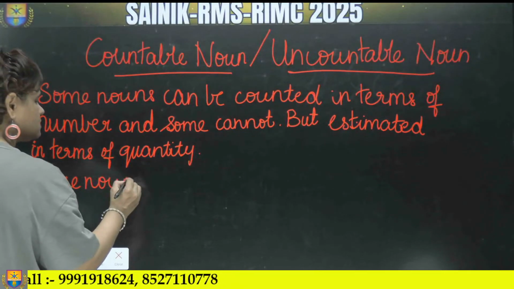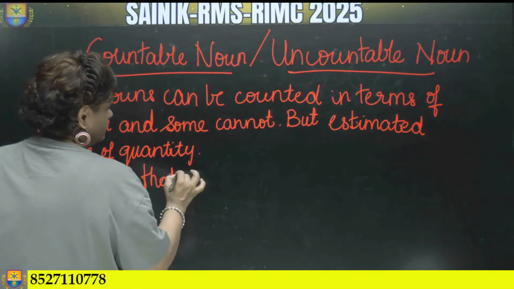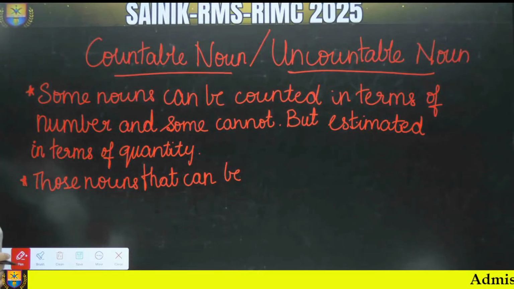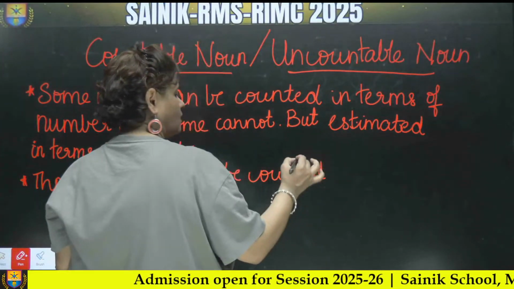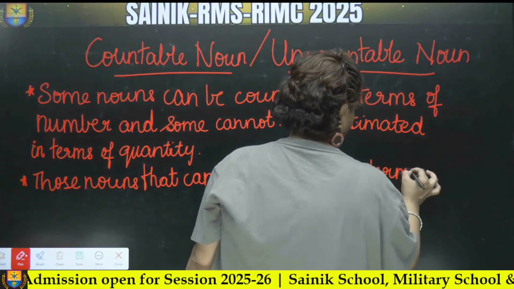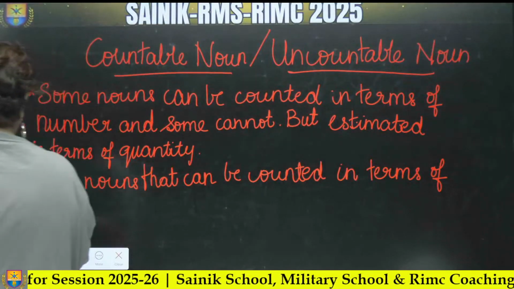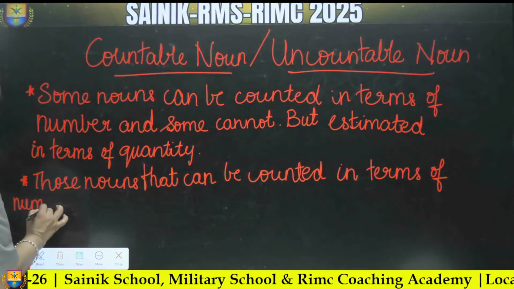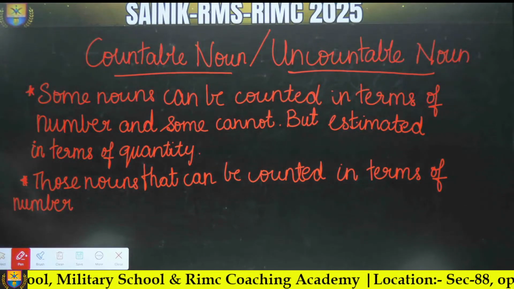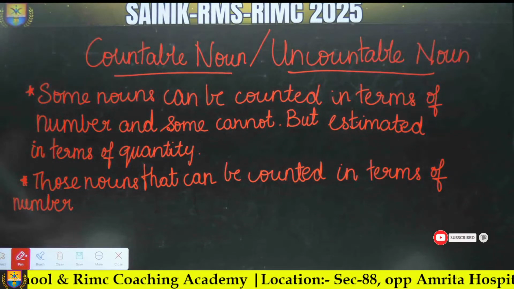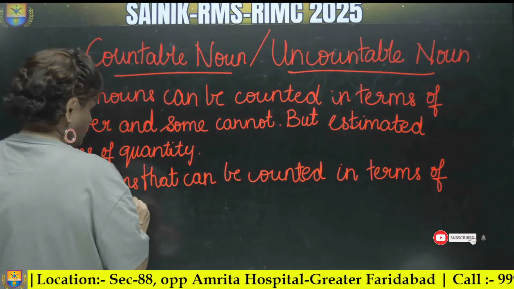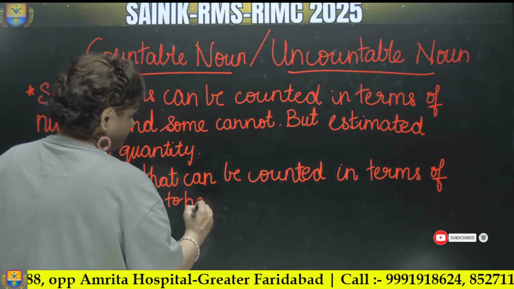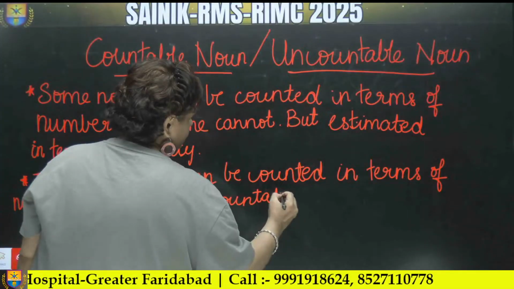Those nouns that can be counted in terms of number, those which can be counted in terms of number, are said to be countable nouns.